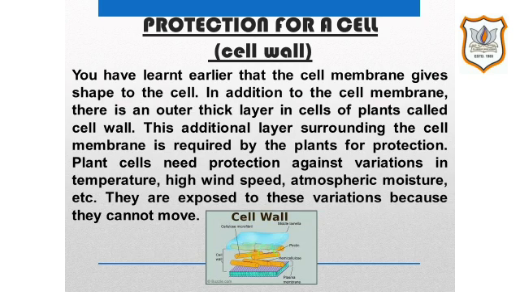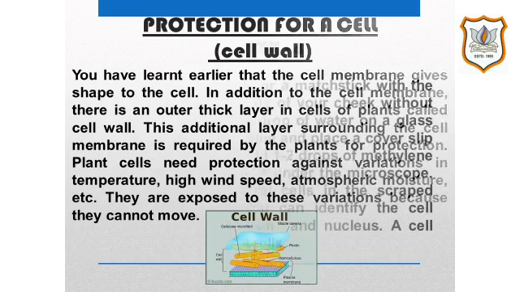This additional layer surrounding the cell membrane is required by the plants for protection. Plant cells need protection against variations in temperature, high wind speed, atmospheric moisture, etc. They are exposed to these variations because they cannot move.